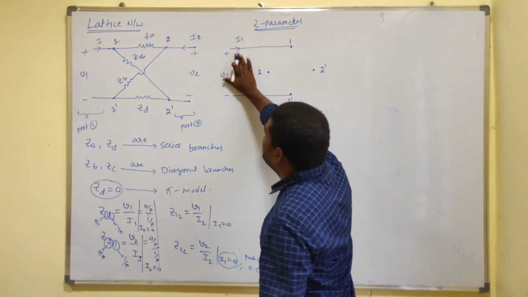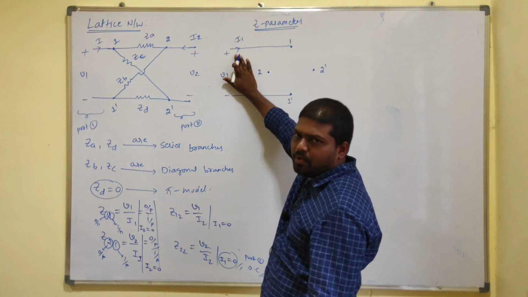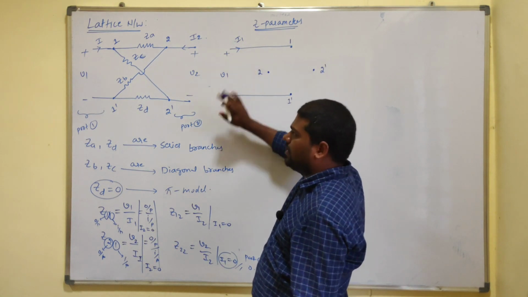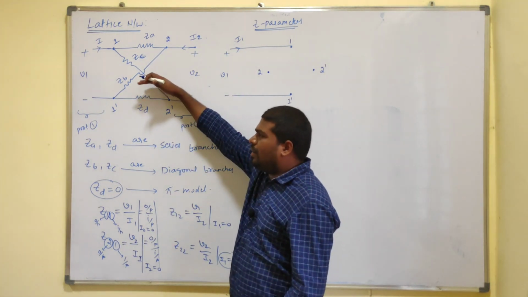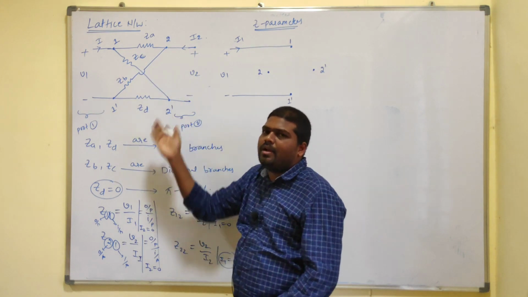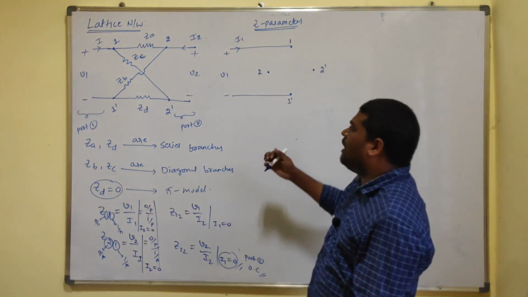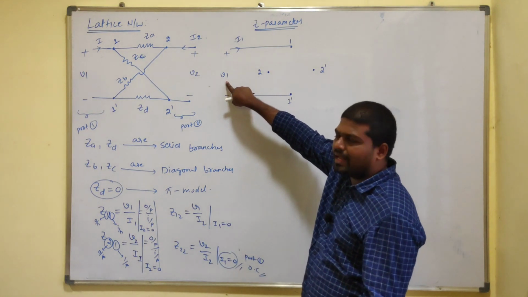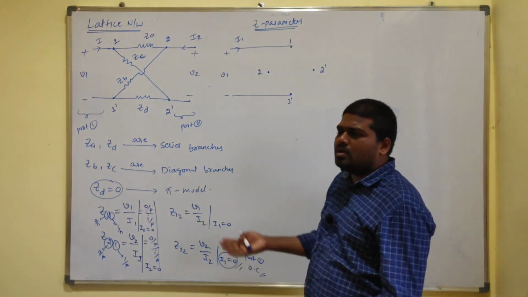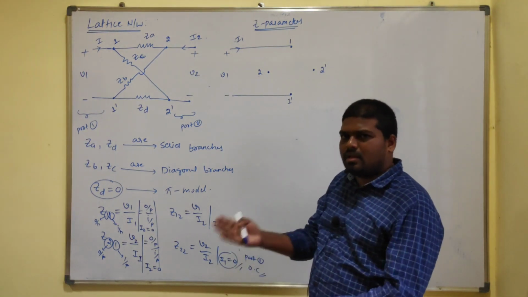Port 1 is the reference point. So this entire lattice structure should be converted to a bridge model. For the bridge model I consider port 1 as reference, and port 2 also as a reference point. That is another model, right?